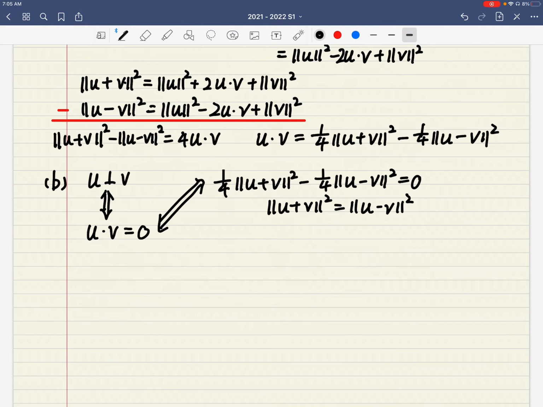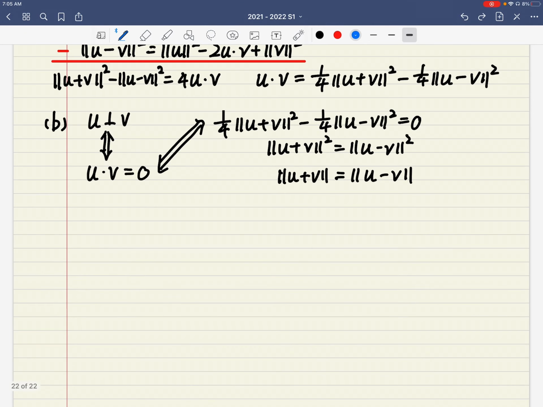Because length is always non-negative, the squares are the same, that means they themselves must be the same. So we start from here: U and V are perpendicular if and only if the length of U plus V is equal to the length of U minus V.